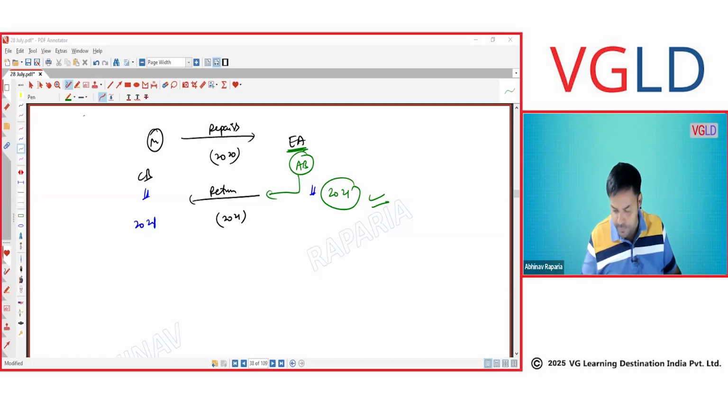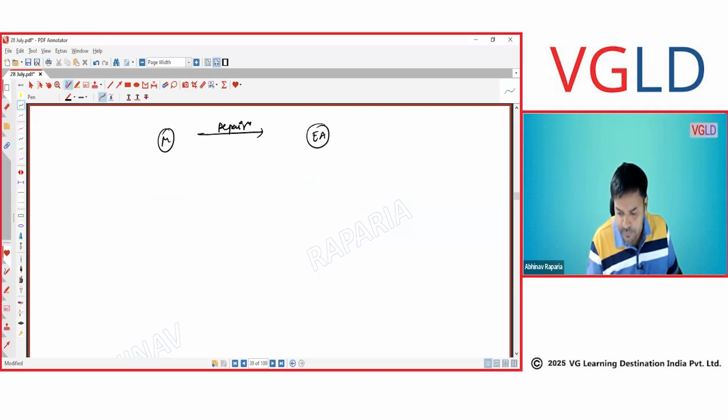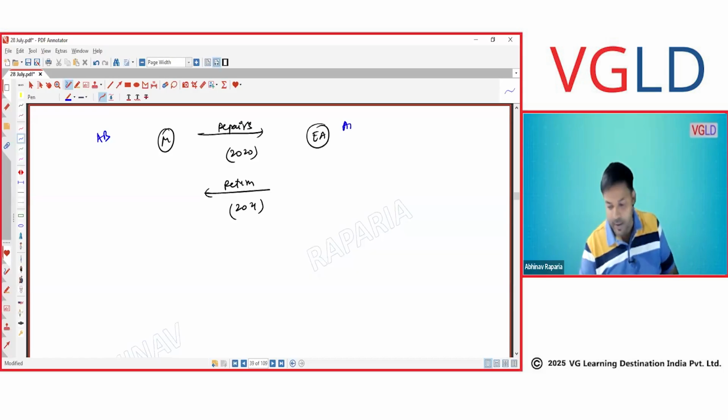Let's try one more question. The mechanic is doing the repairs in 2020. EA is filing the return in the year 2021. Both of them are accrual basis. When is the mechanic going to book?